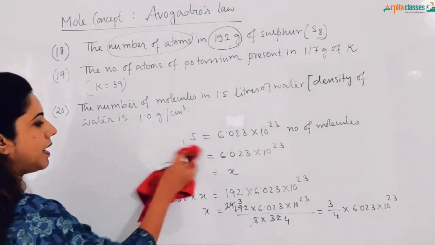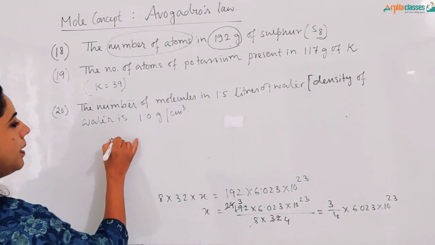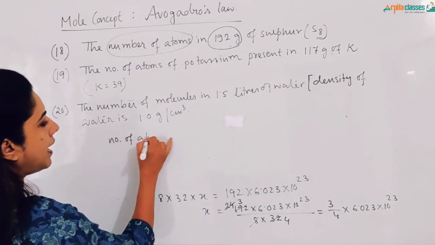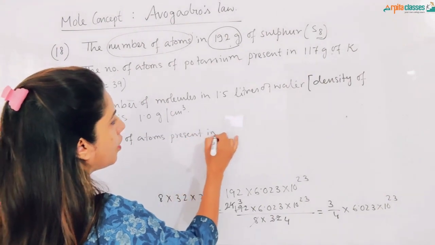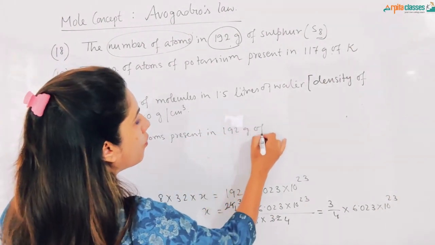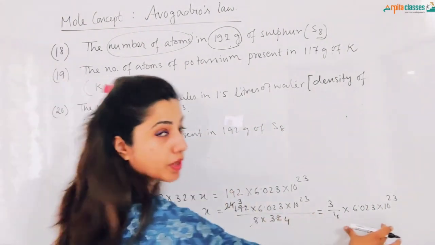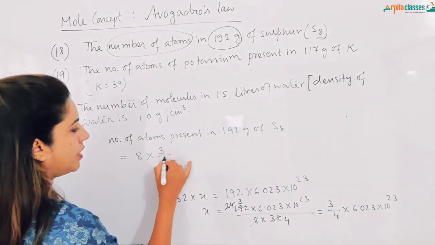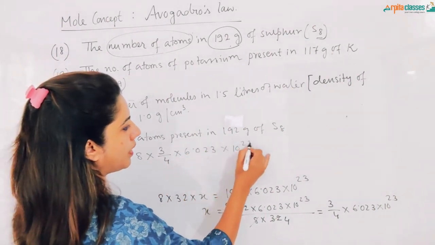So I'll just wrap this part. Here I'll write number of atoms present in 192 gram of S8 is equal to 8 into this, that is 3 by 4 into 6.023 into 10 raised to power 23.